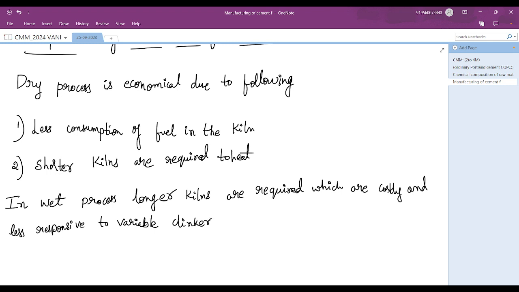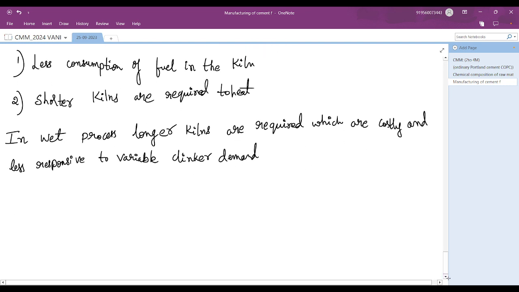So all these are self-explanatory, right? Based on the points we have discussed so far. Next, you see the advantage of the wet process.